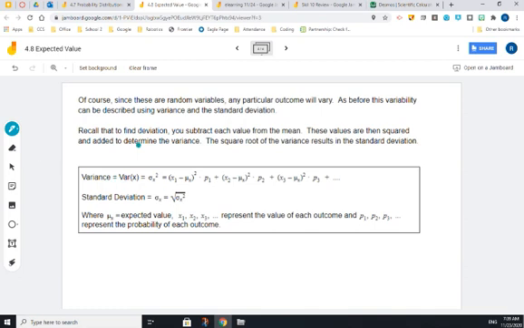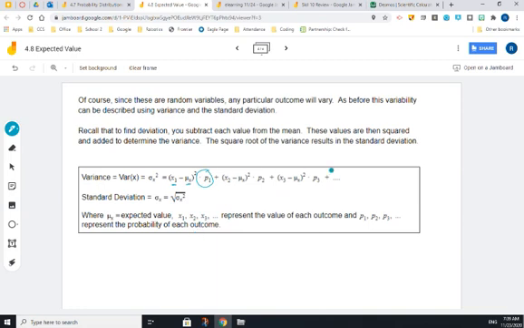So remember when we found deviation before, what we did is we took each value and subtracted it from the mean. Then we squared those numbers, added them together, and then took the square root, and that gave us a standard deviation. So we're going to do something similar here. We're going to take each outcome, subtract it from the mean that we just got, but then multiply it by the probability of that particular outcome.